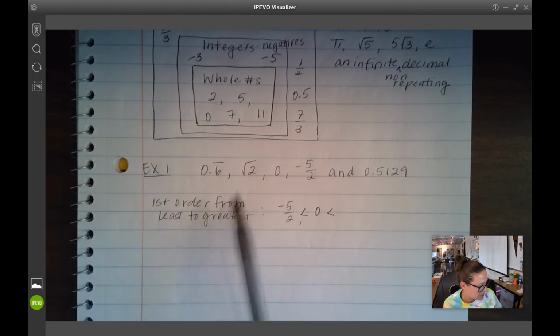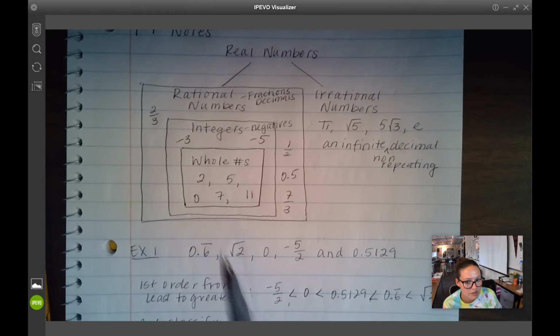Now, we're going to classify all of these, which means we're going to look at this chart and figure out where these numbers go. These are all real numbers. Square root of 2 is irrational.